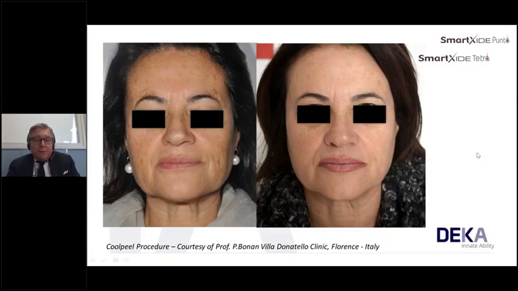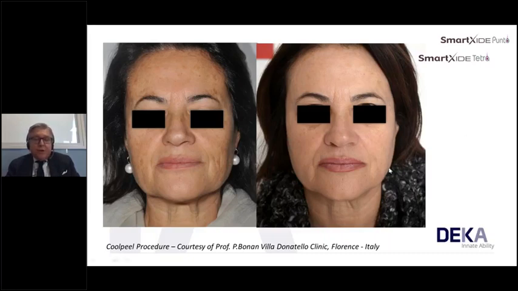Our cool peel that we can adopt even with SmartXide Square and touch, of course, by using HP Pulse and Stack 1, you have to keep this in mind. We can have a not so aggressive treatment, but the results lead us to this very interesting lighter skin.